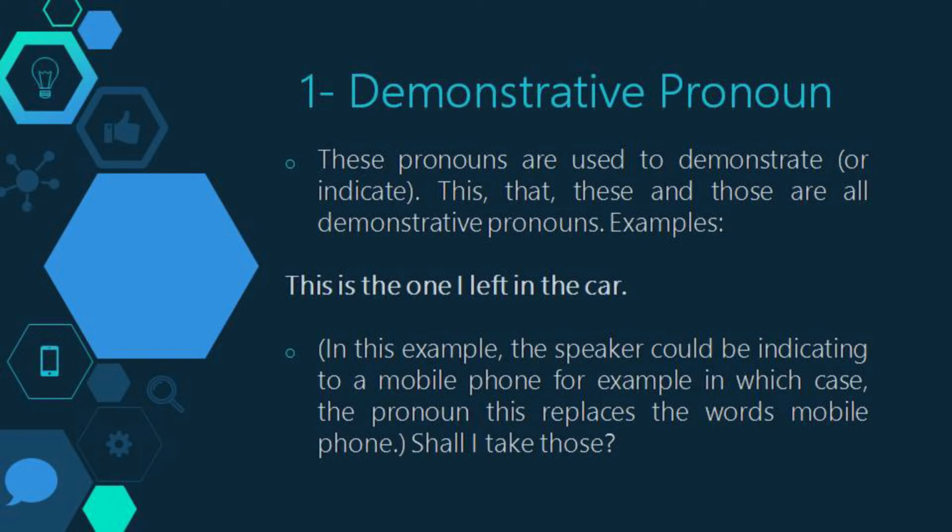Look at the sentence: this is the one I left in the car. Here, this is a pronoun. In this example, we are using the demonstrative to indicate. The speaker could be indicating a mobile phone, in which case the pronoun this replaces the words mobile phone.